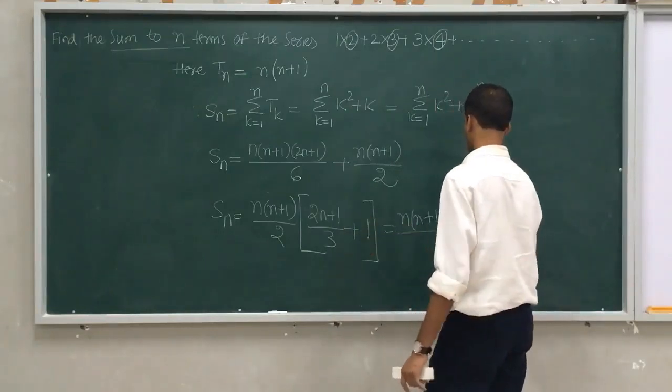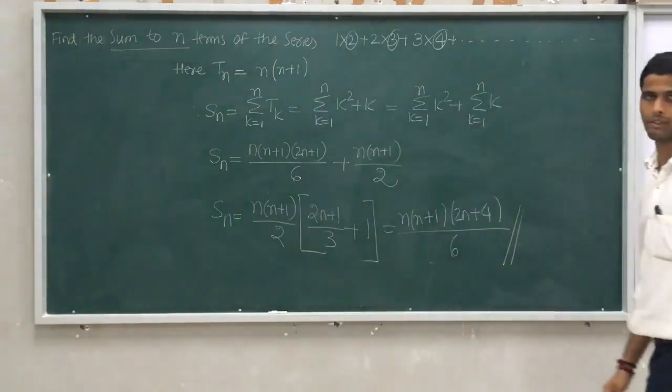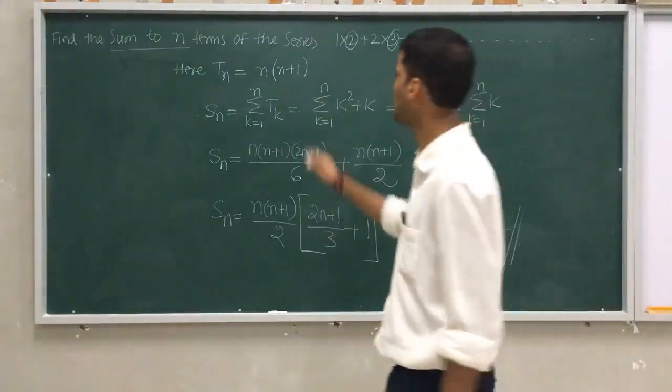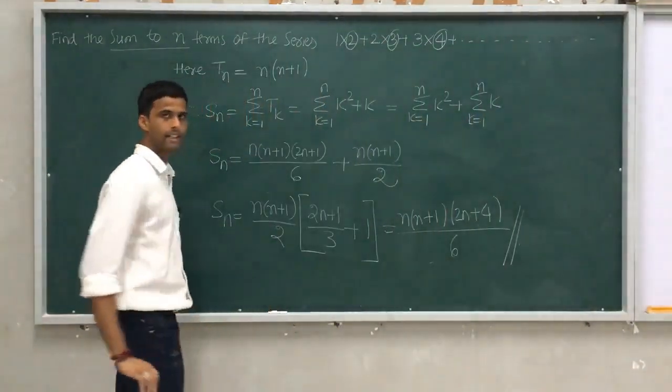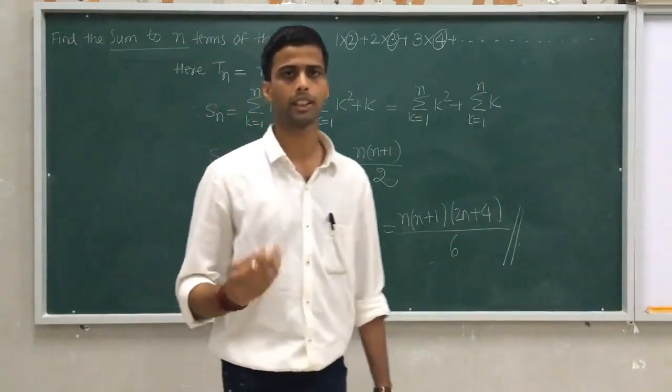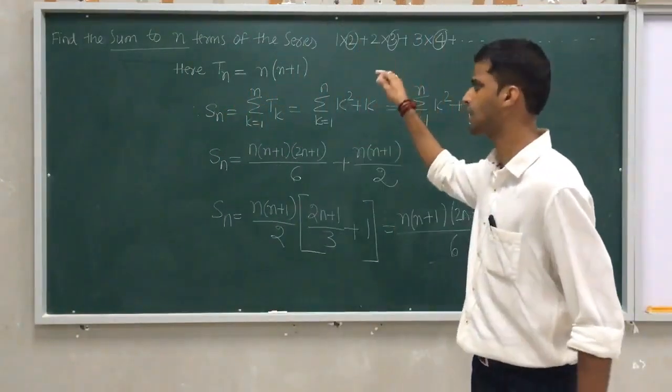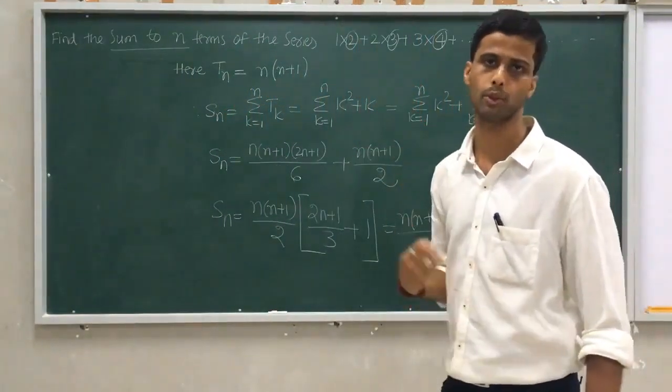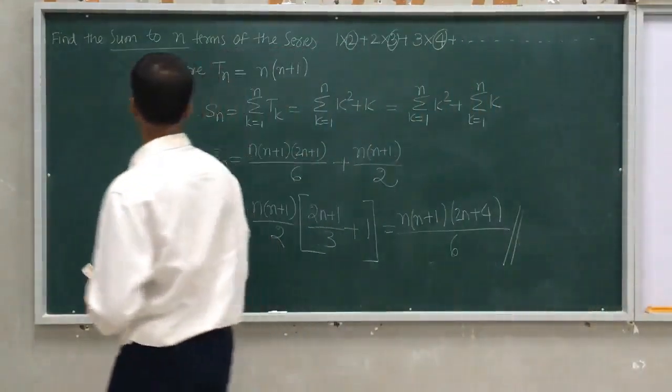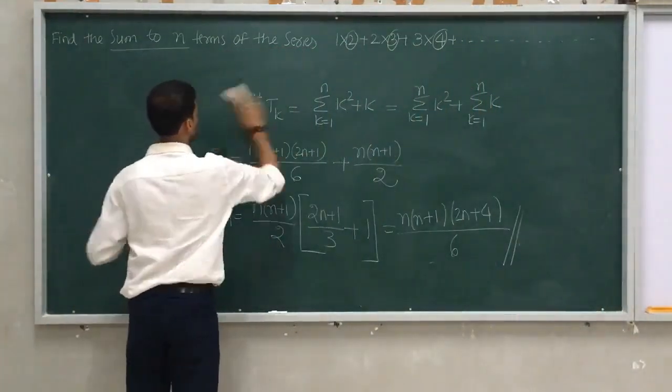This is the way we can get the sum to n terms of this series. When the nth term is not given, using the basic idea, find the nth term and then add it up, and you get the sum to n terms. This is the solution of this question.